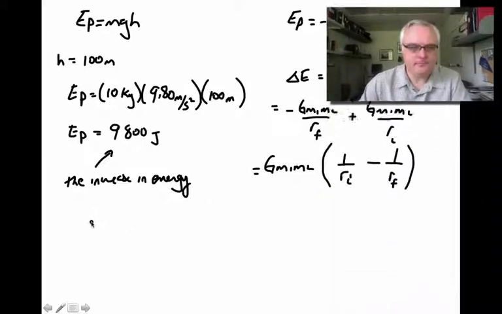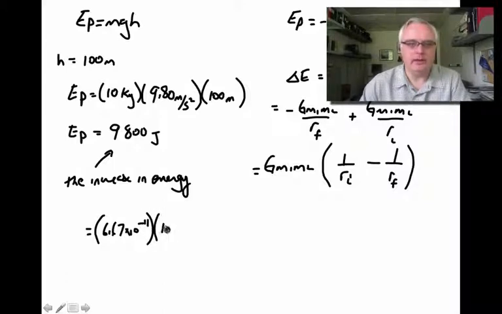So I'm going to move down here and start writing this out. G is a constant, which we know. M1 is our 10 kilogram mass. M2 is the mass of the Earth.